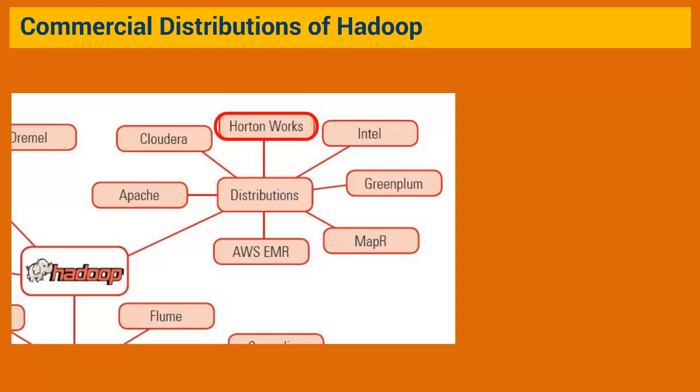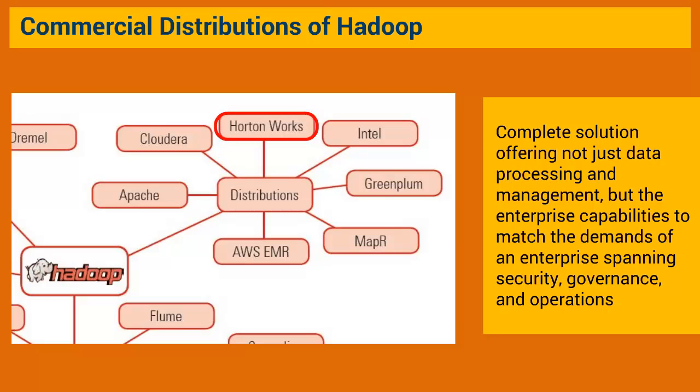Hortonworks Data Platform is a complete solution, offering not just data processing and management, but the enterprise capabilities to match the demands of an enterprise spanning security, governance, and operations. All of this is delivered in 100% open source.